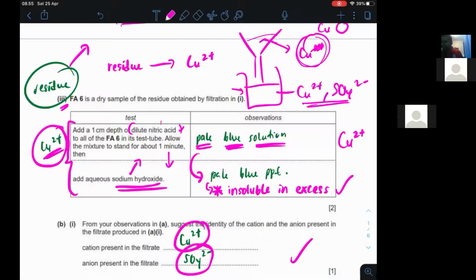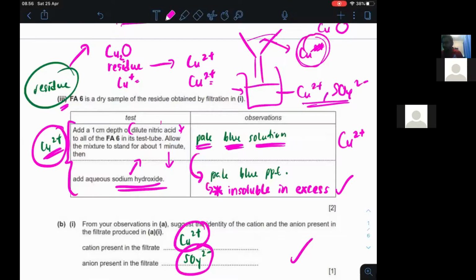So I'm thinking copper something changed into copper 2 plus, maybe copper oxide. I might think this is copper 1 oxide changing into copper 2 plus. So I know there is going to be an increase in oxidation number.